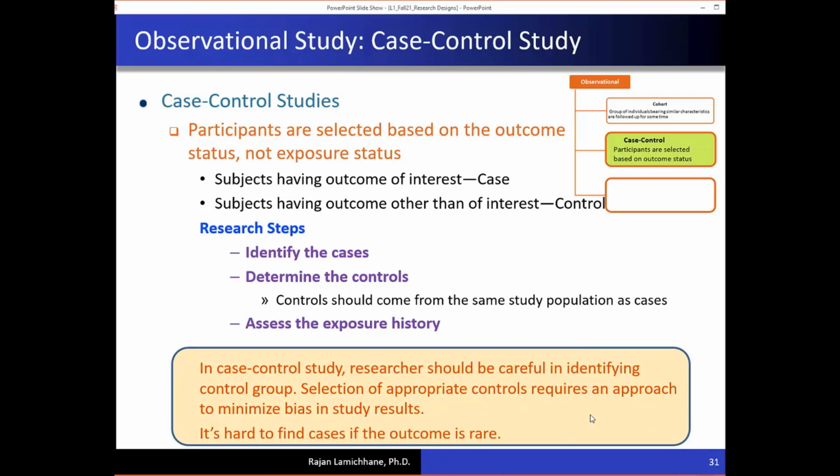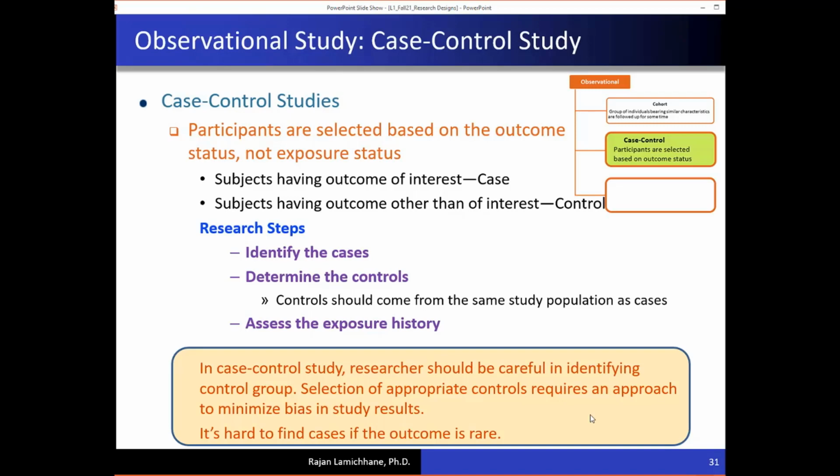One of the most important parts in the case control study is to identify the controls. Cases are already there. You can only see the status of the disease, but identifying the similar control is very important. Sometimes if you do not identify the appropriate control, then your result could be biased, or you may not get the outcome as you expected. So you have to choose the controls very carefully.